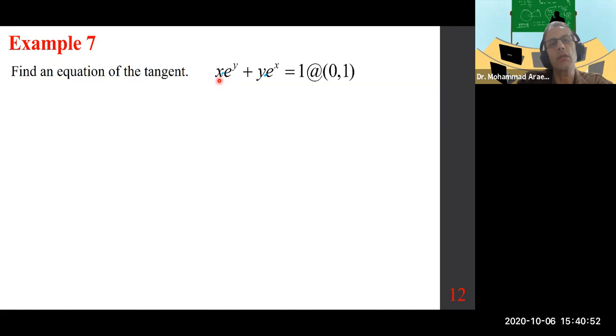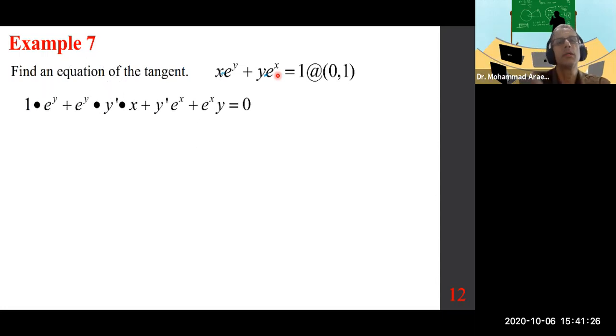X gives you 1 times e to the power of y, plus e to the power of y is itself e to the power of y, times y prime by chain rule, times x by the product. Done. Plus y gives us y prime times e to the power of x. E to the power of x is itself times y. And the right side is 0.